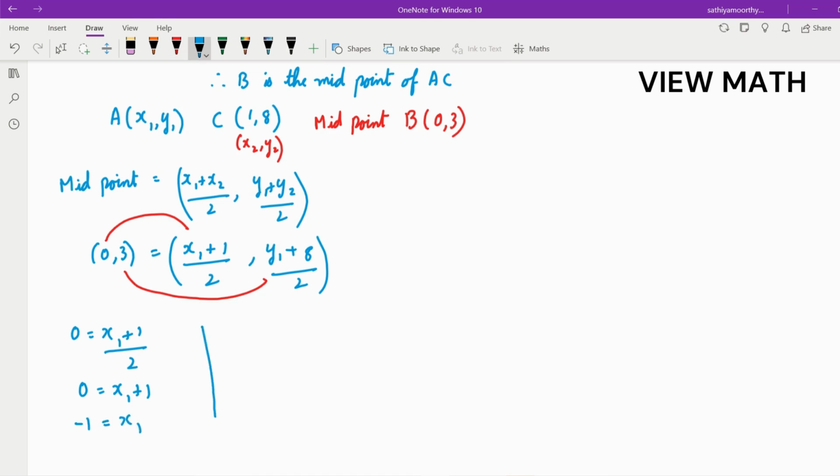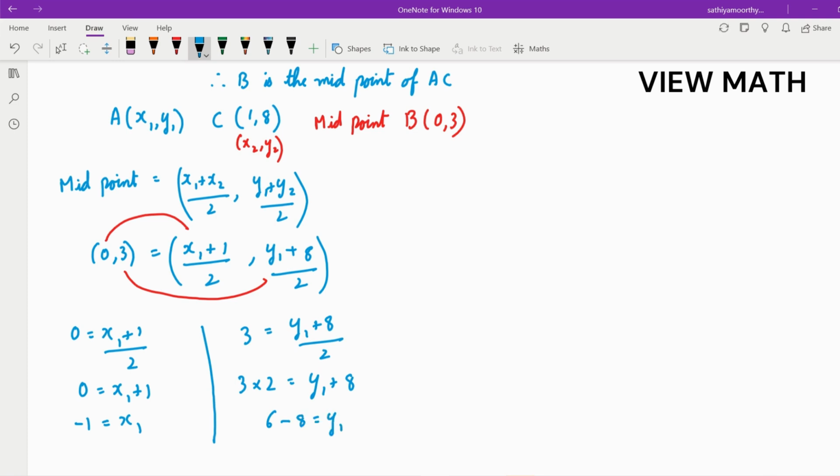Now I'm going to equate the y coordinate. 3 is equal to y1 plus 8 by 2. So if I bring the 2 to the other side, 3 into 2 is equal to y1 plus 8. 3 into 2 is 6. Let me bring this 8 to the other side. It becomes 6 minus 8 equal to y1.